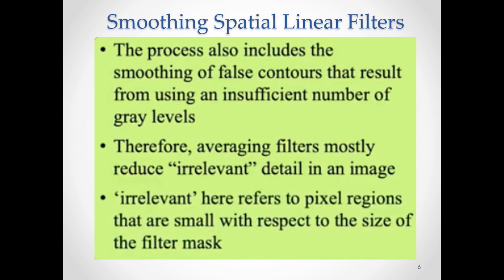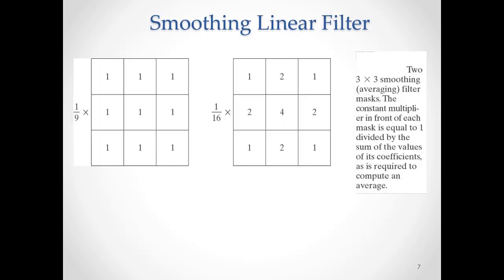Smoothing or filtering is the process of replacing each pixel in an image by the average of gray levels in the neighborhood defined by the filter mask.